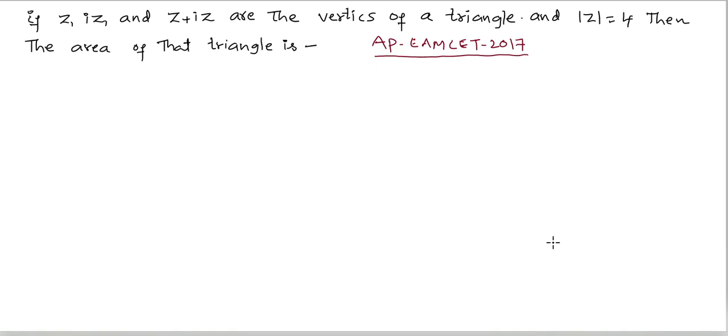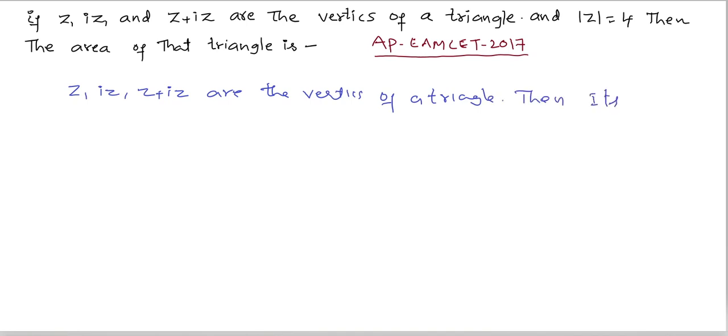If z, iz and z plus iz are the vertices of a triangle and mod z is equal to 4, then the area of the triangle is? We know the formula: if z, iz, z plus iz are the vertices of a triangle, then its area is equal to half mod z square.